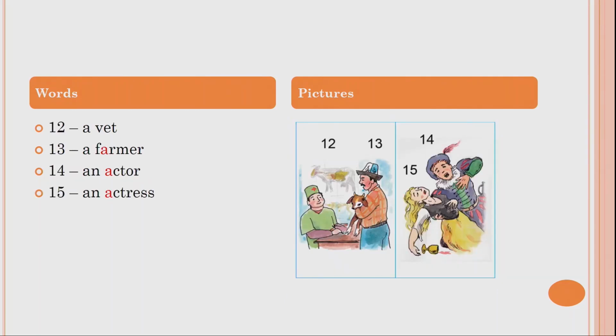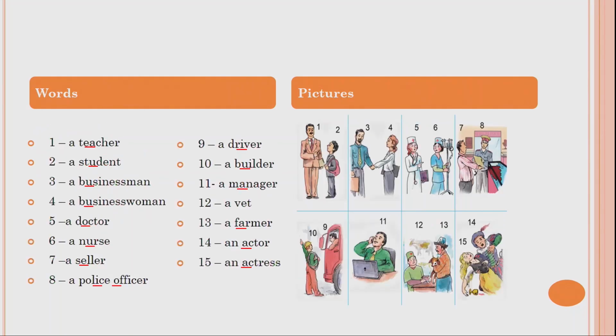Number 13, a farmer. Number 14, an actor. Number 15, an actress. Okay, look at the words and try to remember. Okay, let's continue.